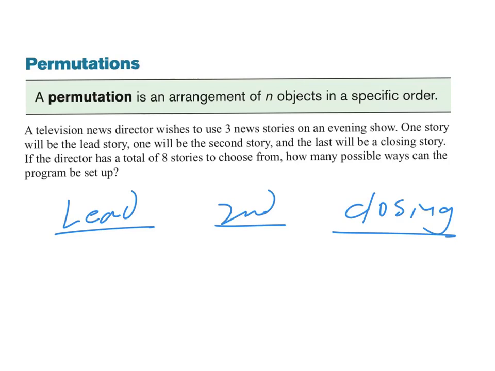How many possibilities are there for the lead? 8. There are 8 stories to choose from, so I could have any of those 8 stories right there. How many for the second, knowing that we've already chosen one for the lead? 7. So now we've chosen 2 stories. How many are left for the closing story? 6.